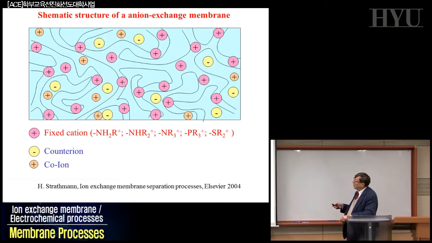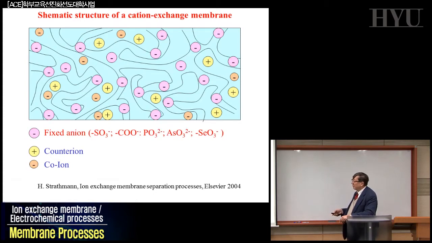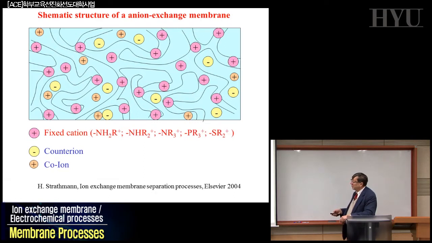Here is a case in which we have anion exchange membranes. Before, the fixed groups were carboxylic, sulfonic, or similar. Now the fixed groups are just quaternary ammonium, or nitro group, amino group, etc. So these are the positive ones, and the counter ion will in this case be the negative one, and the co-ion having the same charge will be the positive one.